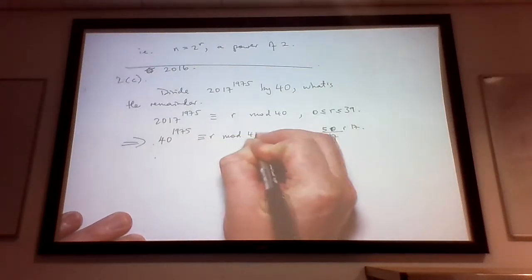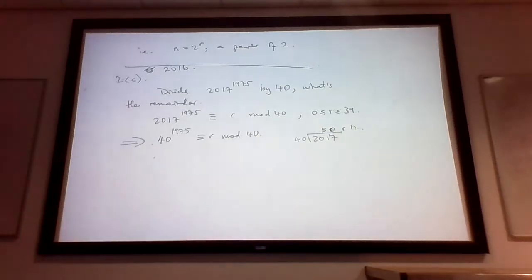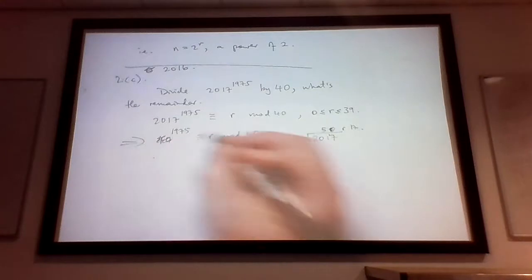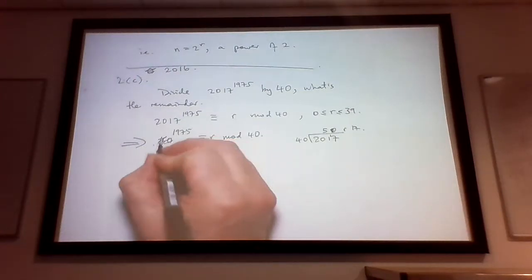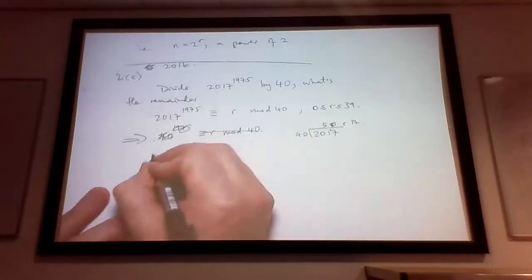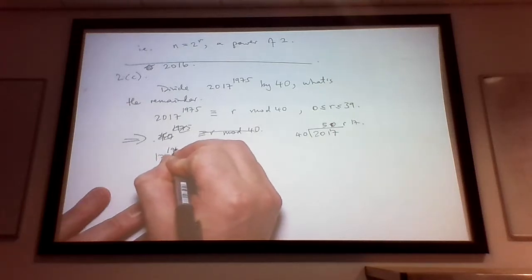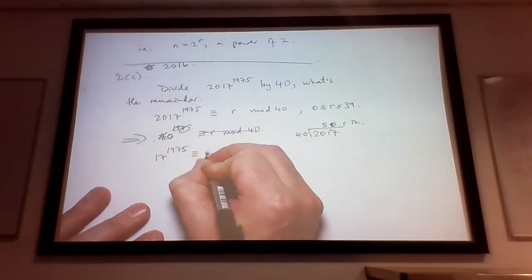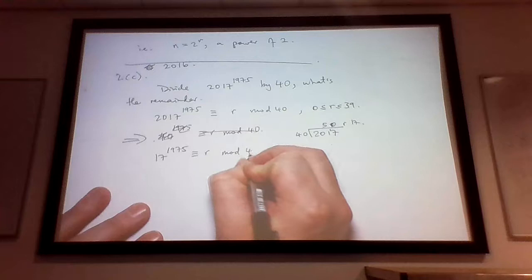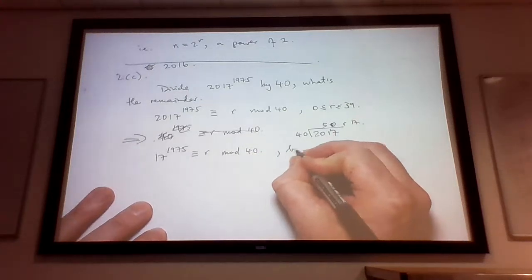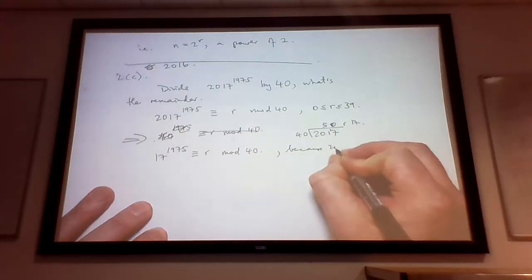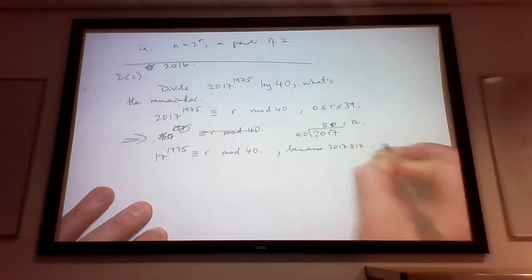So if I'm trying to find this R, I can instead deal with 17 to the 1975, which is congruent to R mod 40, because 2017 is congruent to 17 mod 40.